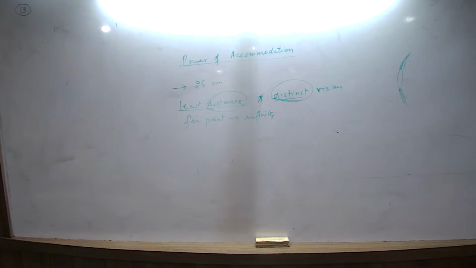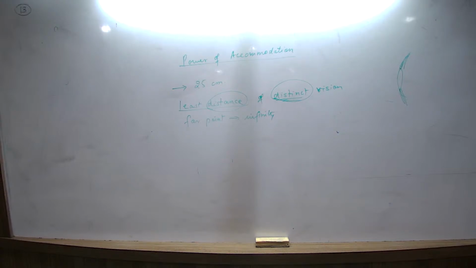The minimum distance at which objects can be seen most distinctly without strain is called, what is it called?